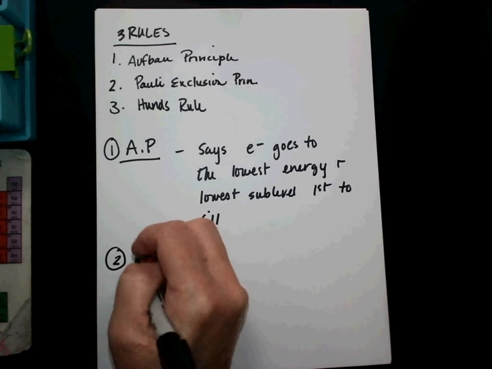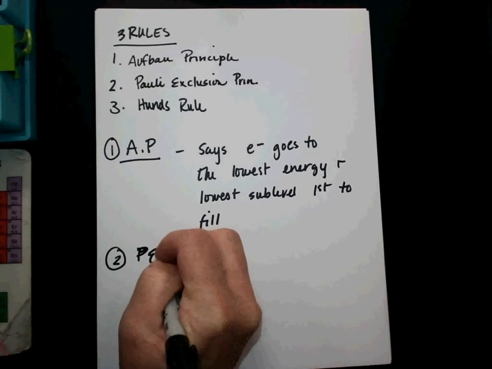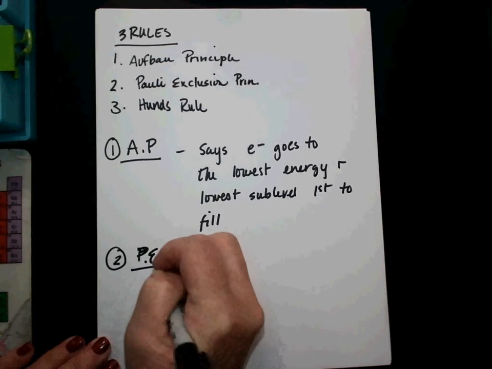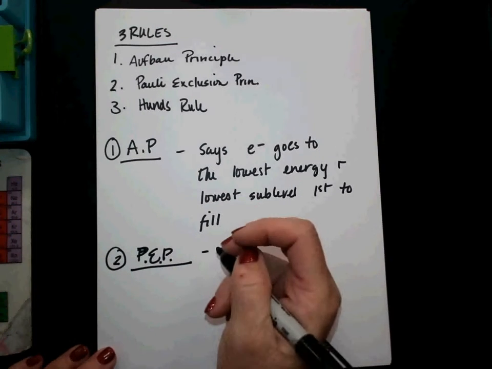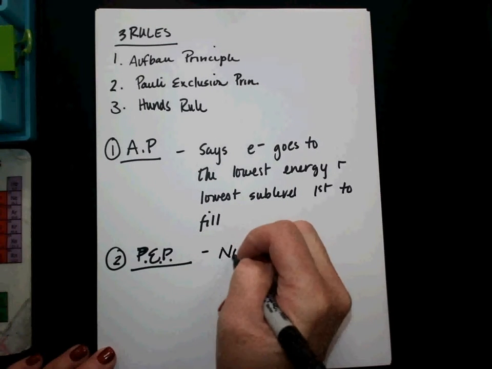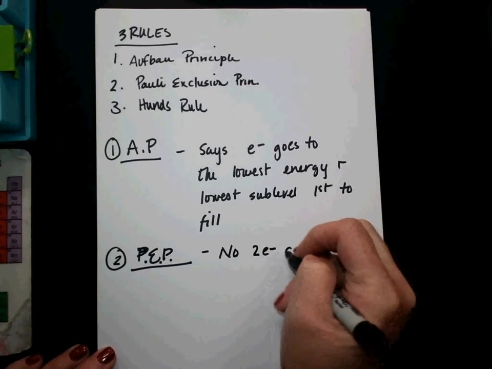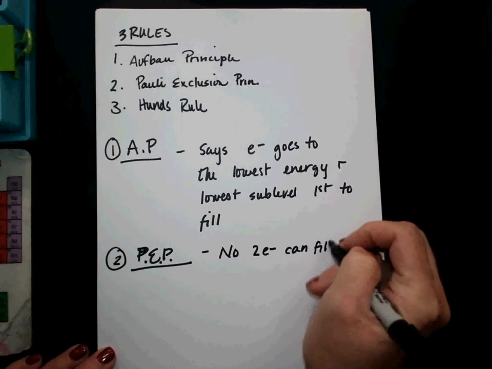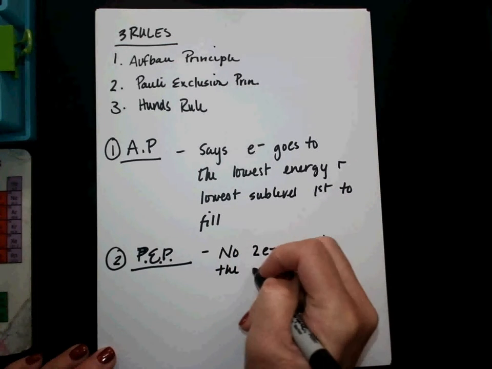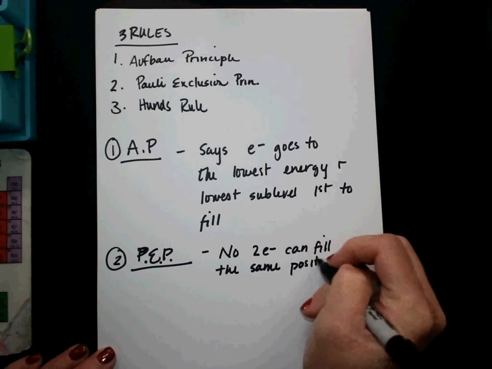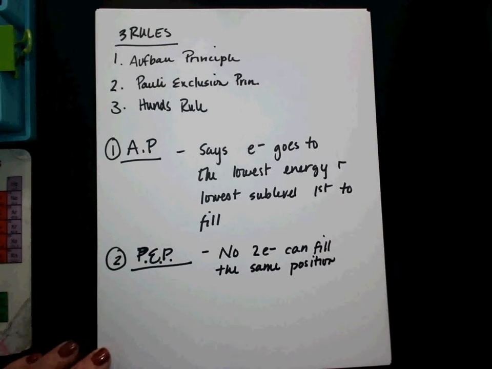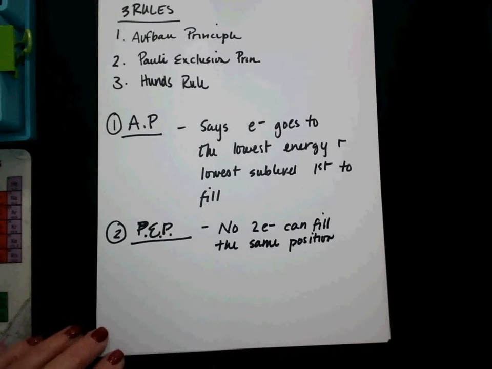Rule number 2, Pauli exclusion principle, basically says no 2 electrons can fill the same position, the exact same position.